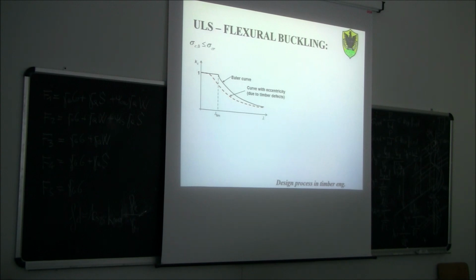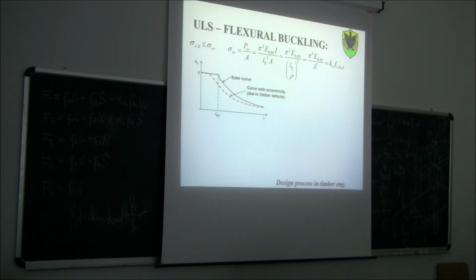So, according to the Euler theory, the stress demand parallel to the grain, sigma c0, should not be higher than the critical stress calculated with the Euler formula. Critical stress, you see, is critical load divided by A.